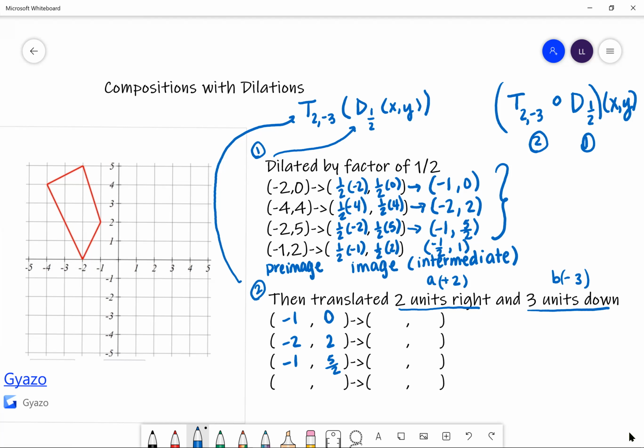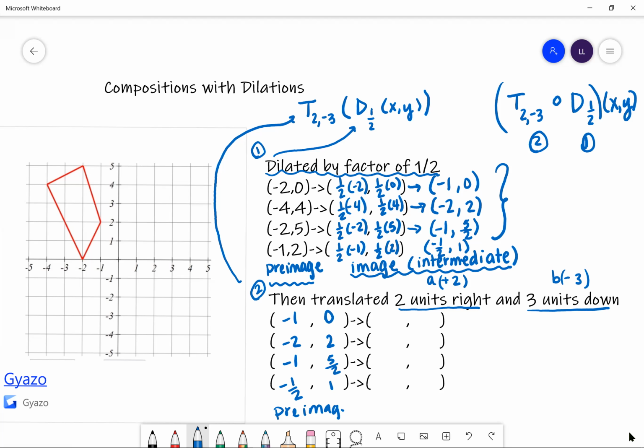So let's recap. We started off with the pre-image. We performed the function rule to it by doing a dilation of a half. And that gave us our intermediate image points. And then we take these intermediate image points and they become our new pre-image, our new domain.